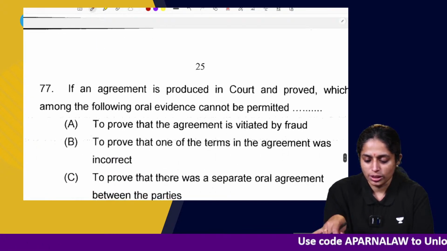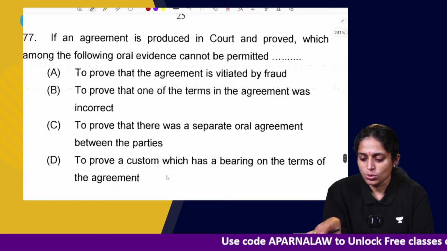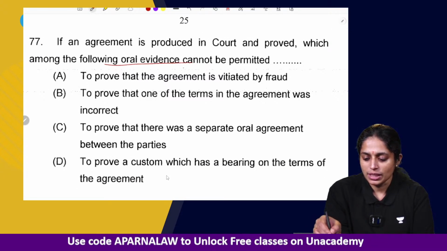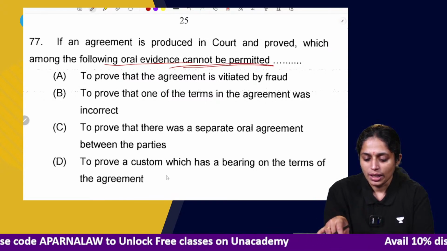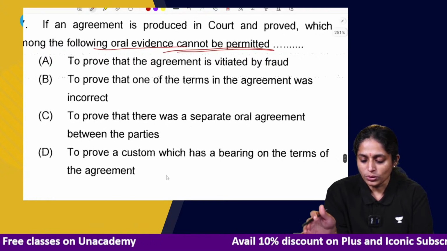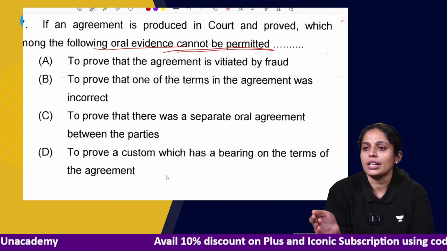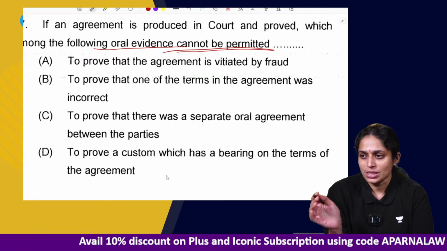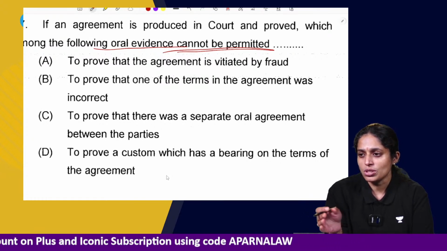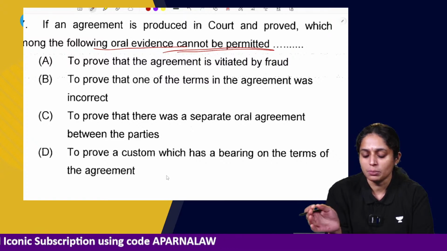Next one, 77th question. If an agreement is produced in court and proved, which among the following oral evidence cannot be permitted? A, to prove that the agreement is vitiated by fraud. B, to prove that one of the terms in the agreement was incorrect. C, to prove that there was a separate oral agreement between the parties. And D, to prove a custom which has a bearing on the terms of the agreement.